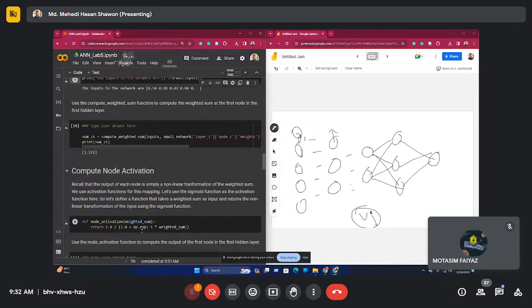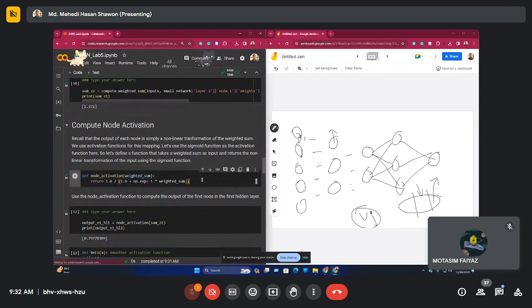We need to do what? Get an output. Do you remember, we calculate bj, then we go through the activation layer, and from there an output will be generated, right? That was our objective from a neuron. Yes, sir. So after calculating, we have to pass it through an activation function.